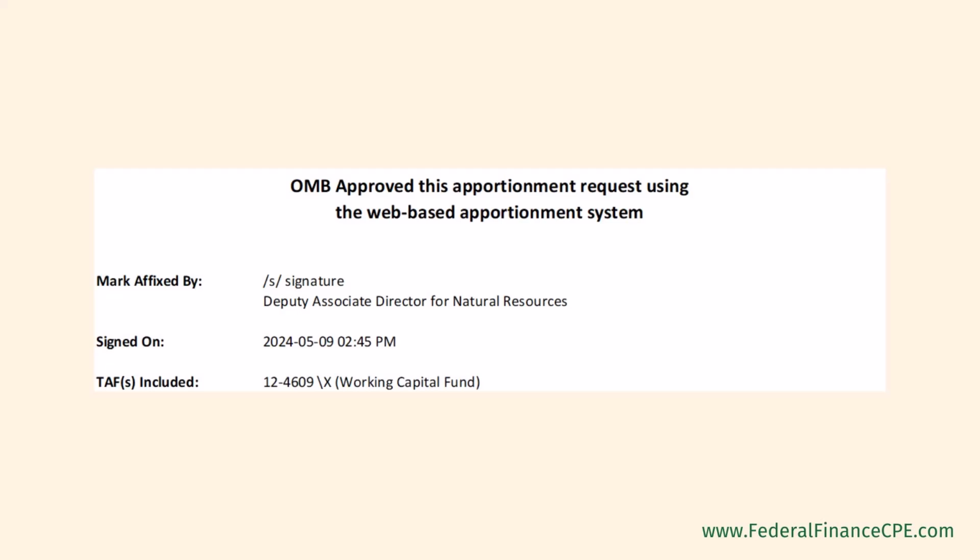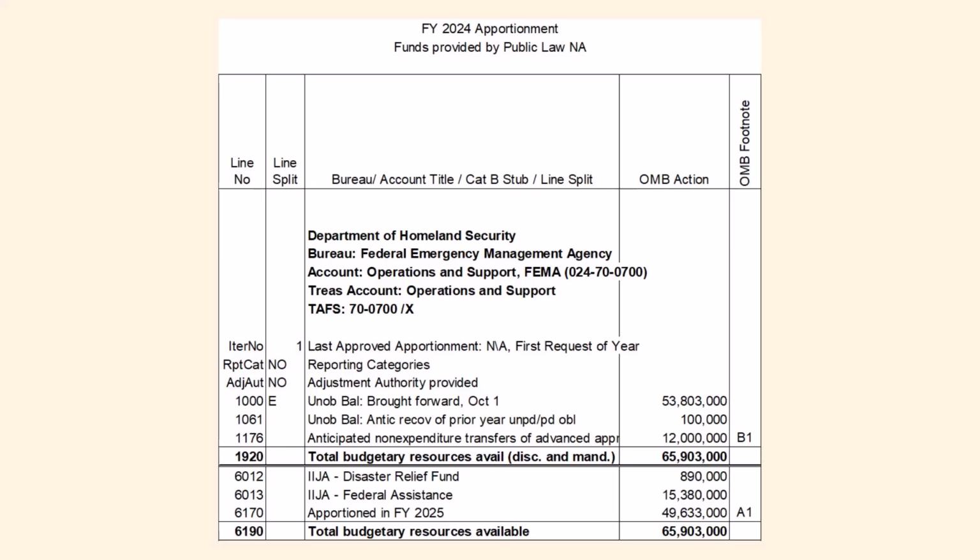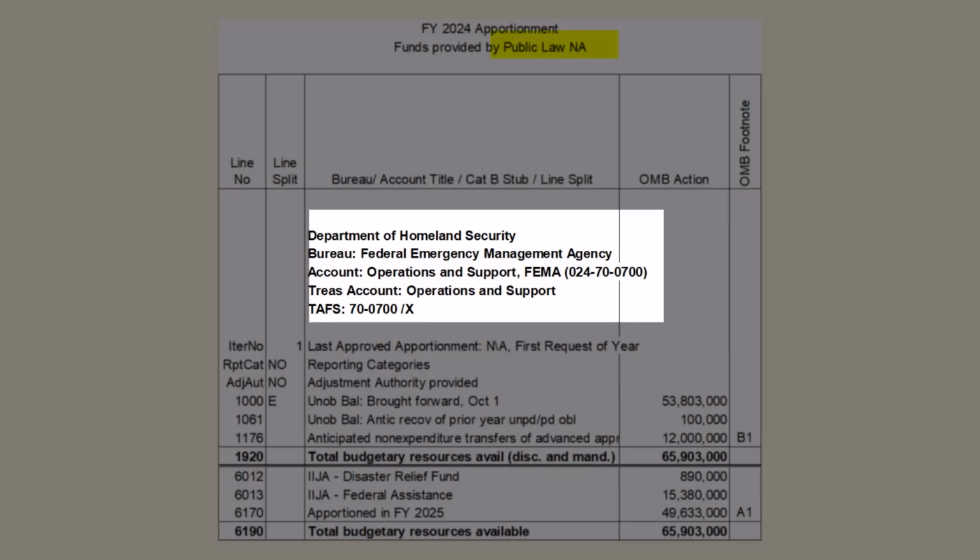Now let's look at our second example, moving through it more quickly. This is also a FY 2024 apportionment, but with some different characteristics. This example shows NA for public law, meaning there's no new appropriation provided the funds for this particular apportionment. It's for the Department of Homeland Security, FEMA Operations and Support Account.